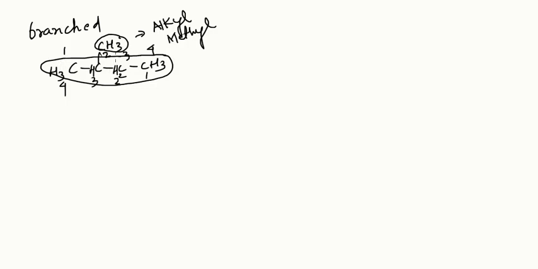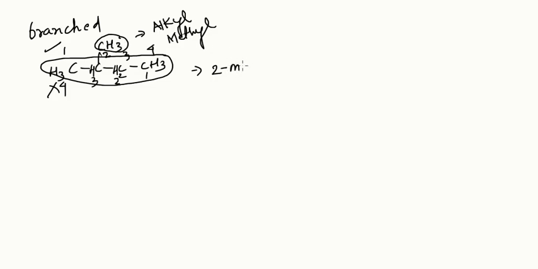But we would be selecting this numbering system rather than this, because in this numbering system the carbon atom which is outside the chain is getting the least possible number, because we number the carbon atoms in such a way that this carbon atom should get the least possible number. Therefore, the name of this compound would start with 2. That's the position of the carbon atom on which the methyl group is placed.